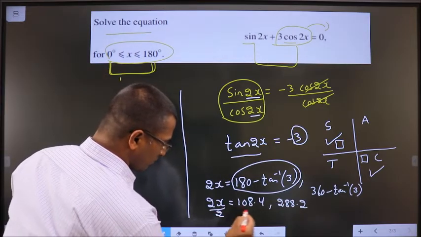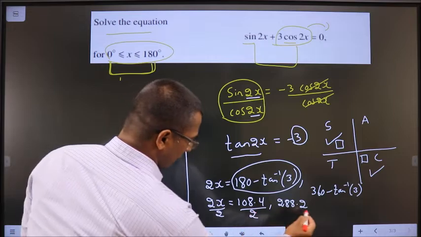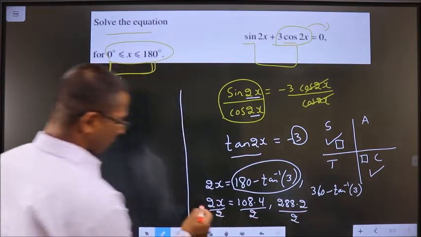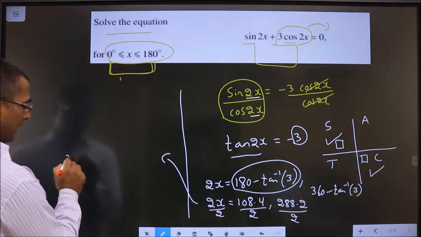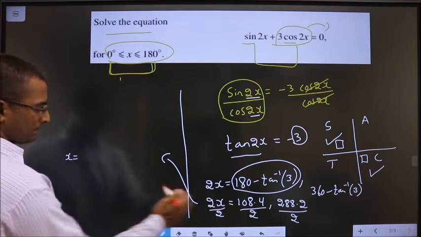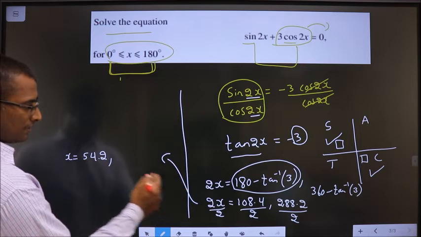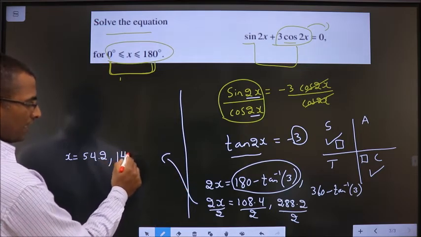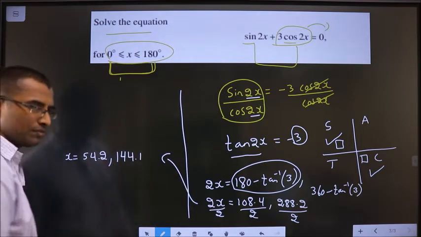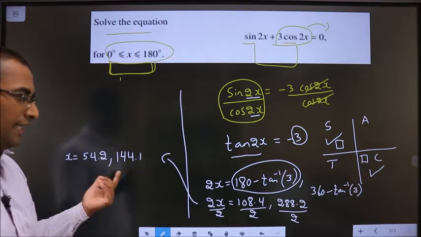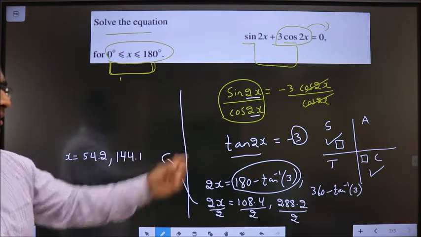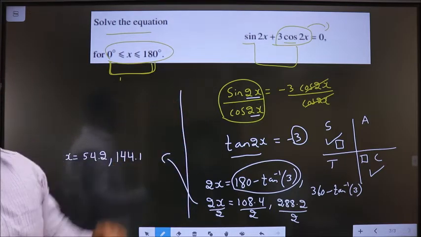So by 2 and by 2. So that will give me x equal to 54.2, comma, 144.1. Okay. These are the two values satisfying the given equation.